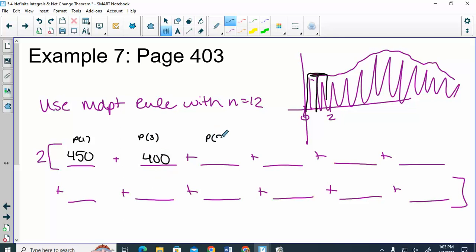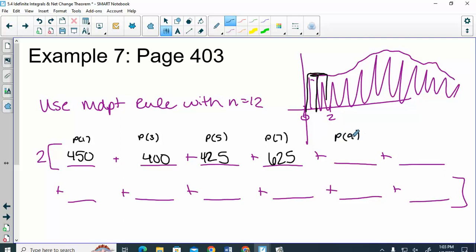And then when my x is 5, it's definitely lower than 450, isn't it? 425. Then when we're at 7, 625. Maybe you overshot it a little bit, but not too bad.